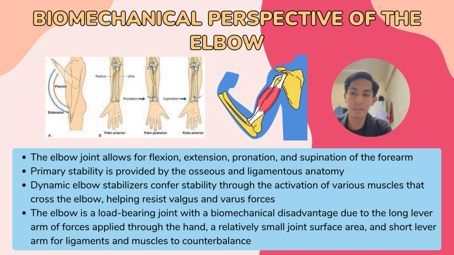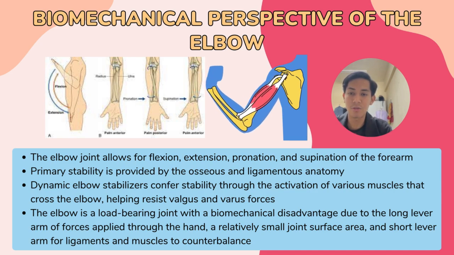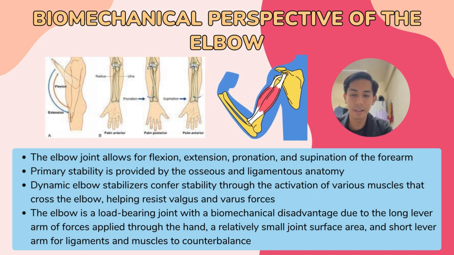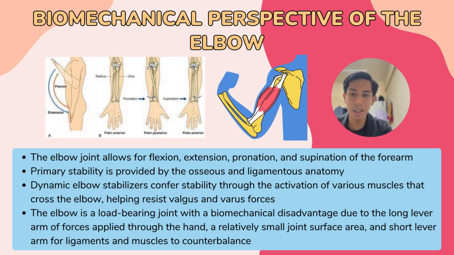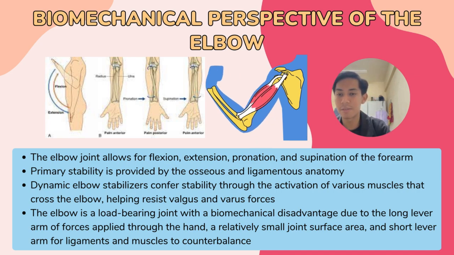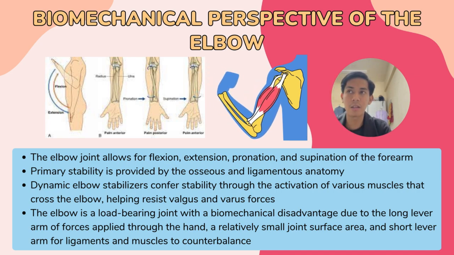For the part on stabilizing structure, primary stability is provided by the osseous and ligamentous anatomy. The radial head and the coronoid process are important stabilizers that contribute to primary stability of the elbow structure.